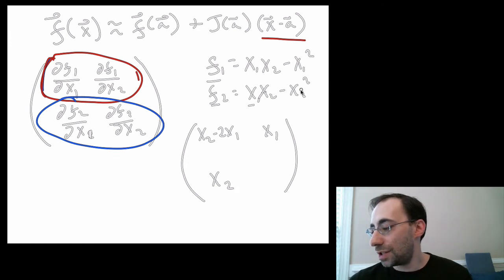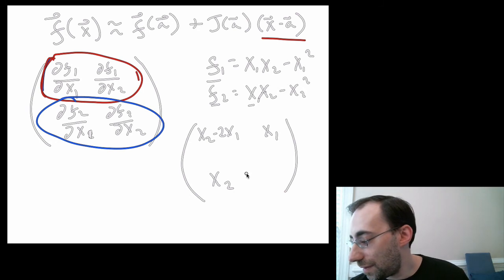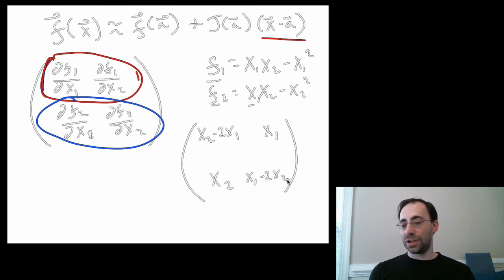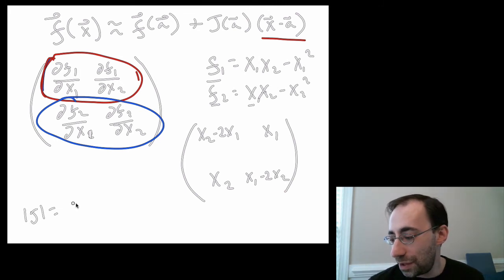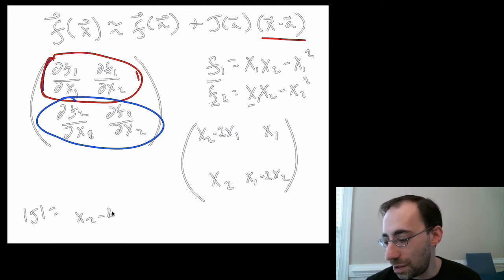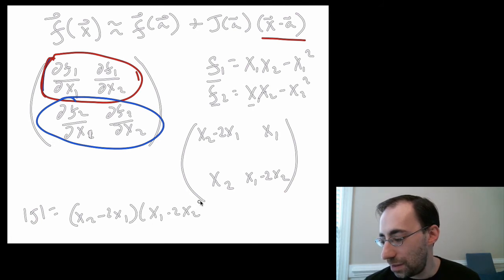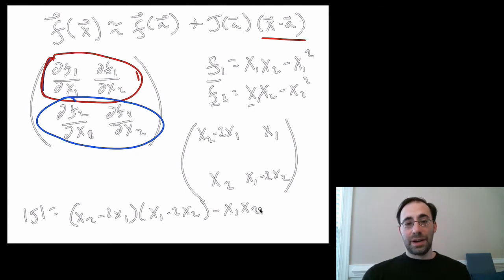There's two x2's, it's symmetric to the first one, so you have x1 minus 2x2. And there you go. There's the Jacobian matrix for this vector valued function. The determinant, which you often want to use, would be x2 minus 2x1 times x1 minus 2x2 minus x1 x2. And there you go.